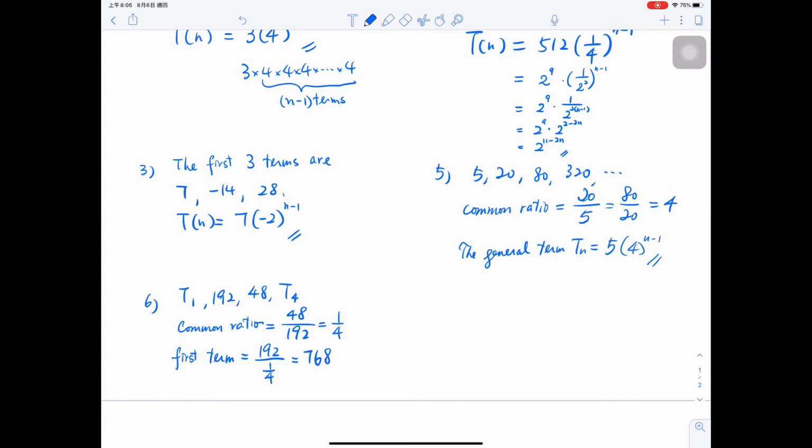768, correct. So as a result, the general term equals 768 times 1 over 4 to the power n minus 1. Again, you need to think about how to simplify this one. Do you know?